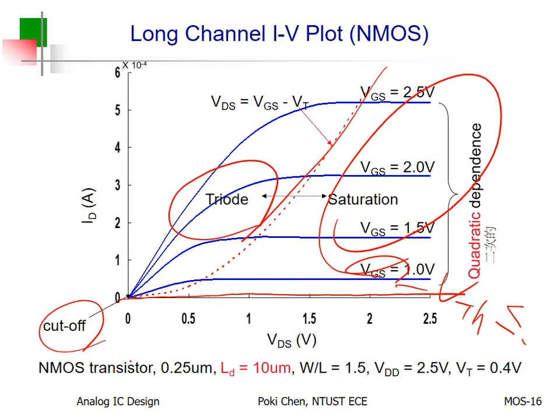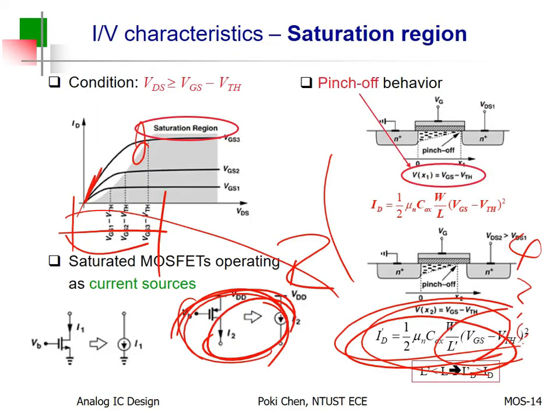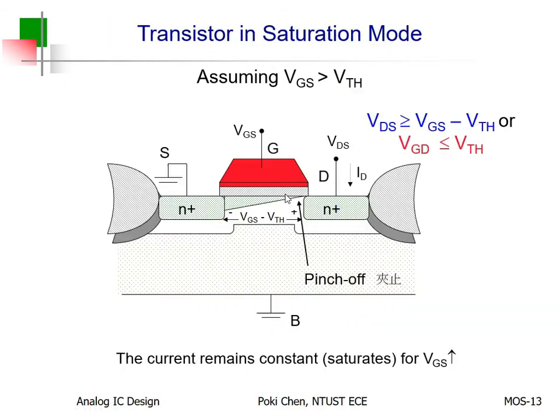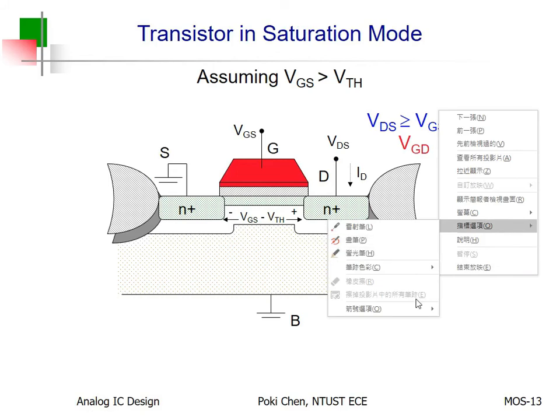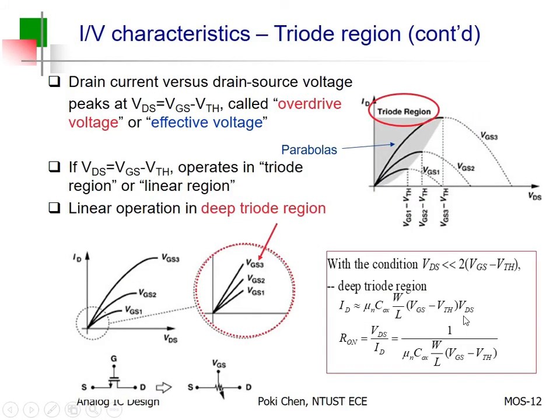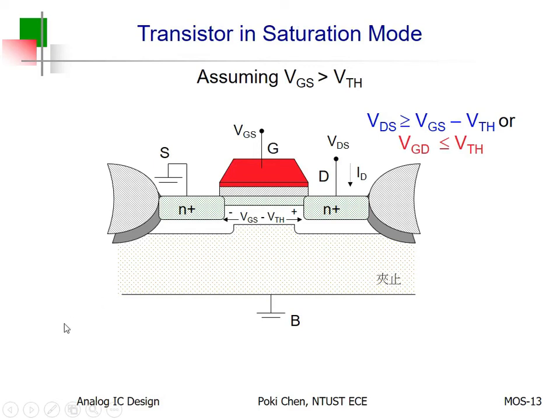Why? If you go back to see the definition, if VGS equals VTH, it means all the carriers here are killed. So it is some kind of intrinsic semiconductor. Can an intrinsic semiconductor conduct current?